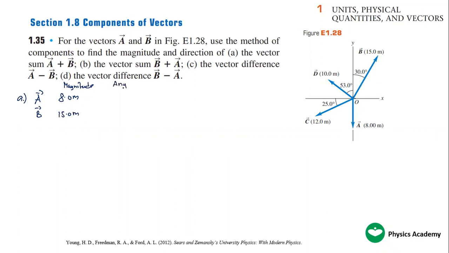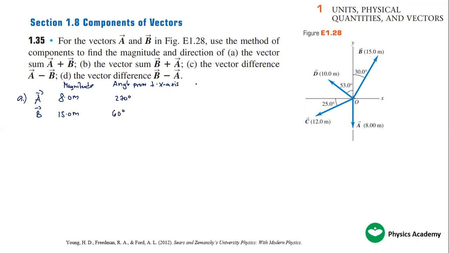So we have an angle from the positive x-axis to the vector. For A, we have 270 degrees, and for B, we have 90 minus 30, which is 60 degrees.